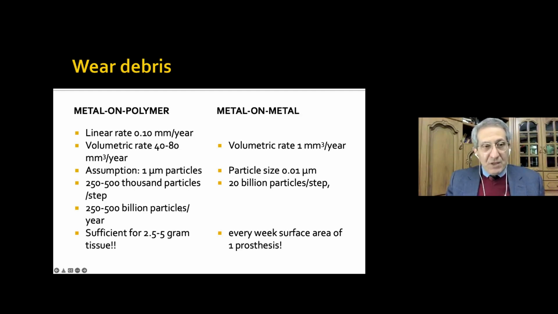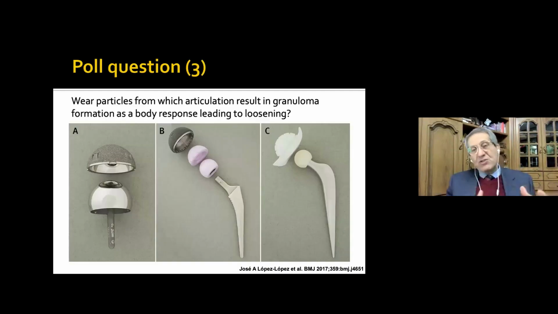The larger ones, the 1 micron particles resulting from metal on poly articulation, are engulfed by macrophages. And macrophages cause granuloma formation. They release cytokines and cause osteolysis. While the smaller submicron particles of metal on metal, which are effectively metal ions, do not get engulfed by macrophages.